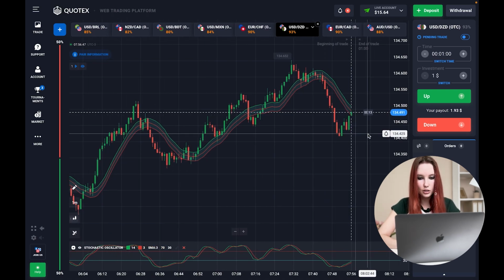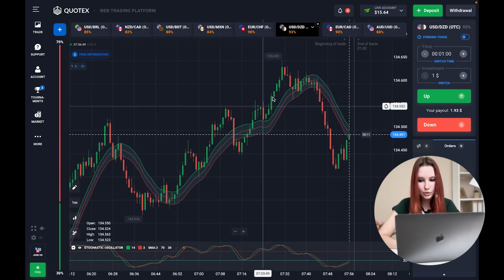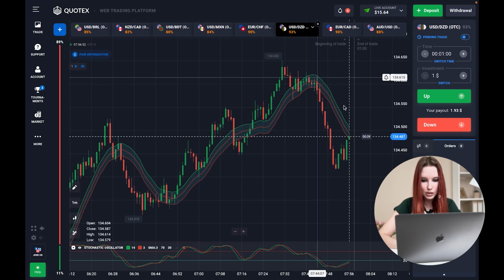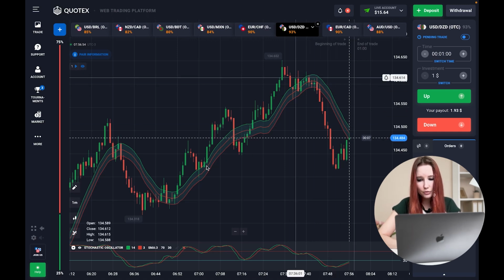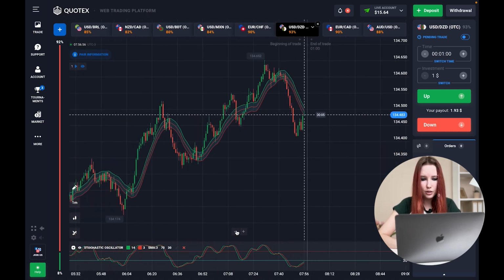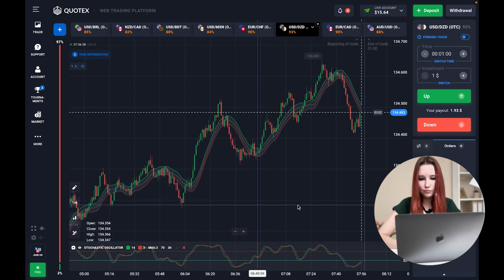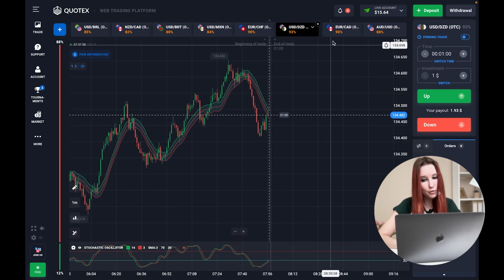So yeah, guys, look at what a great prediction this strategy for beginners gave. To reiterate, the envelope indicator settings are not quite right for this currency pair, but it didn't stop us from making a profit.